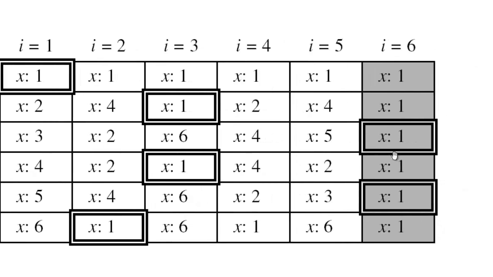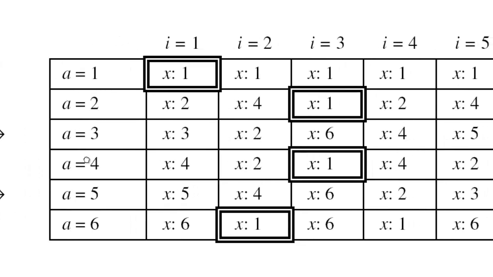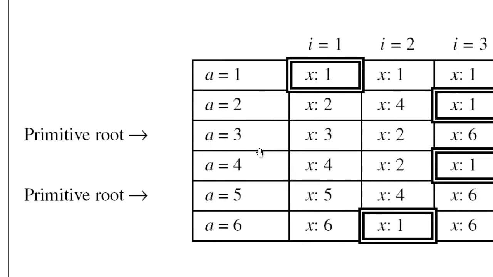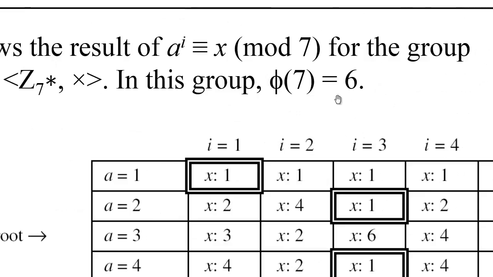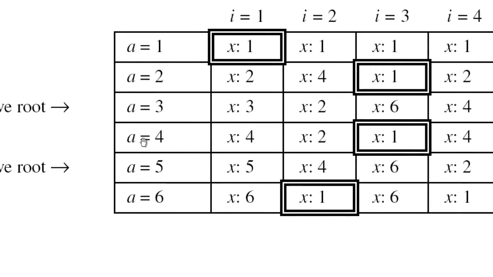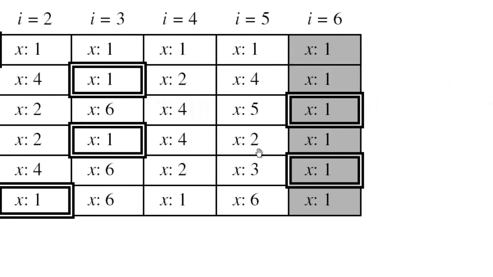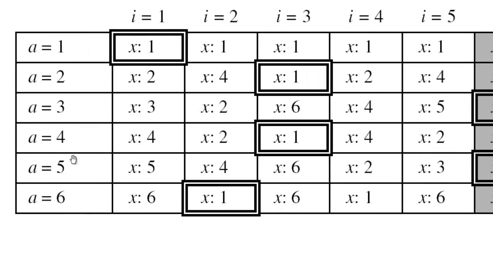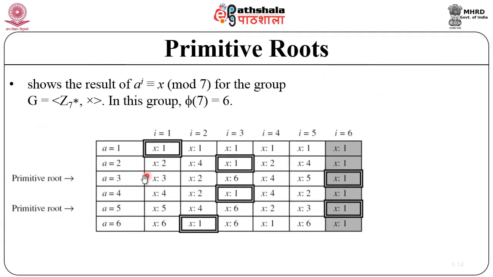But exactly which elements are primitive roots? Always we say that the order of the group should be 6 and also the order of the element should be 6. So, we have 6 for the elements 3 and 5, so we can say that the primitive roots for this group Z7 are 3 and 5.